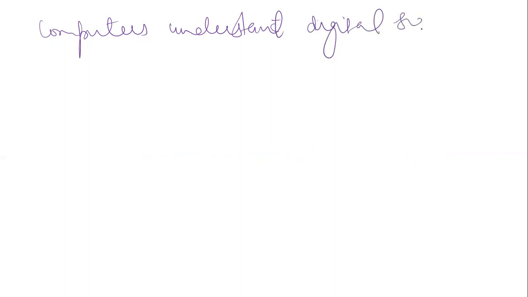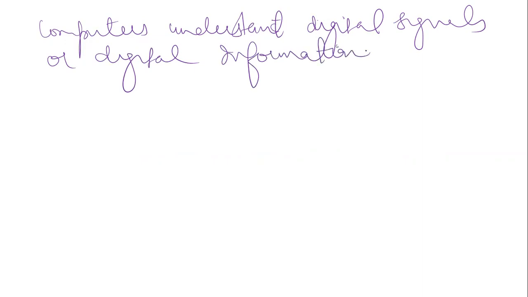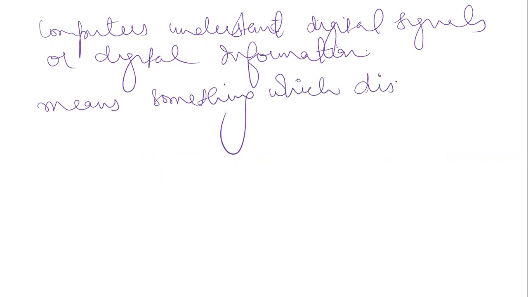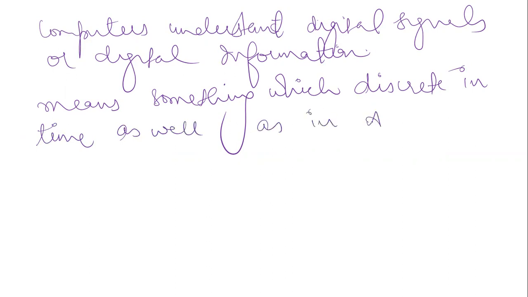Now our computer systems understand digital signals, or you can say digital information, means something which is discrete in time as well as in amplitude, right?